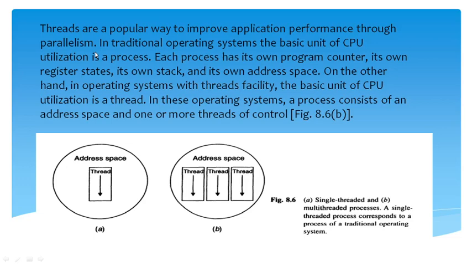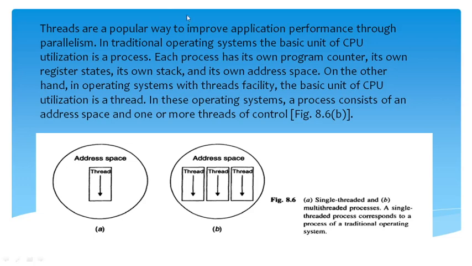When we divide a process into a number of independent execution units which can run concurrently, each execution unit is called a thread. So they can run in parallel. When the code is divided into separate parts running in parallel, execution will be fast.